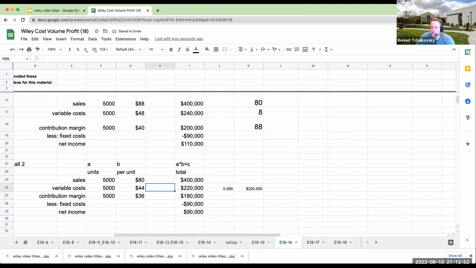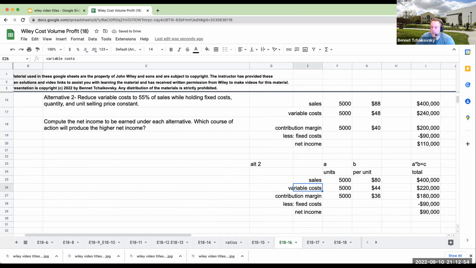My sales aren't changing, my units are not changing, so I'm holding fixed costs still at 90 and quantity still at 5,000. And we see a slight decrease from 60 to 55% of sales, and the unit selling price remains the same.